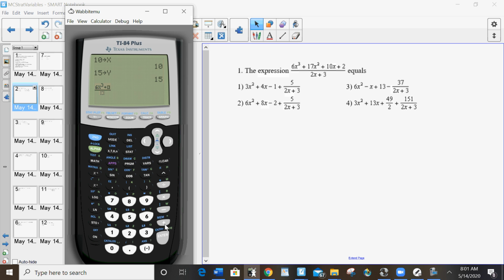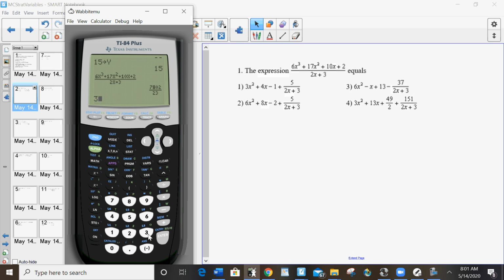Plus 17x squared plus 10x plus 2 over 2x plus 3. And I get that. And you're going to get random numbers, and that's okay. So my answer must equal out to 7802 over 23.